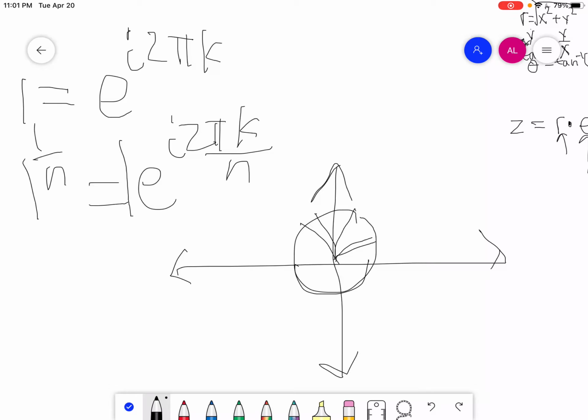If k is equal to 1, it will just be e to the 2 pi over n. And if k is equal to 2, it will be e to the 2 pi over n times 2. And it will keep going.